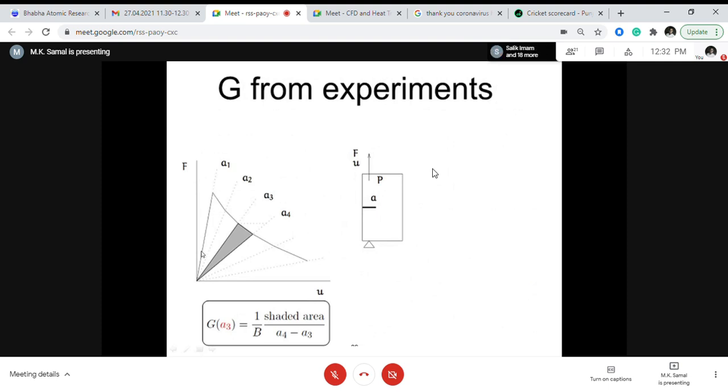Now, you know that when the force reaches some critical value, if you convert the force into nominal stress, there will be some sigma critical, and there is a crack in the material. So sigma critical is root over pi a1, the initial crack length. That is the condition for the crack to propagate. So then the crack will propagate.